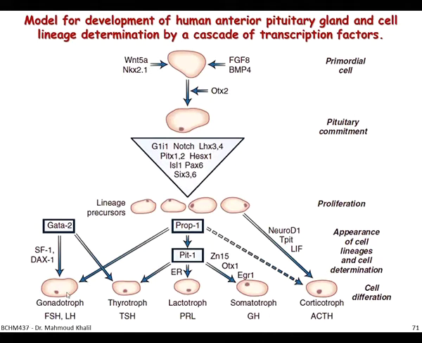So you can see that the main role of these different transcription factors, which is either growth factor or transcription factor, will affect the fate of these cells to develop into a specific type of cell in the anterior pituitary, to be committed to secrete a specific type of hormone.